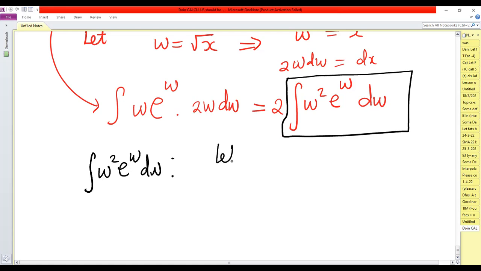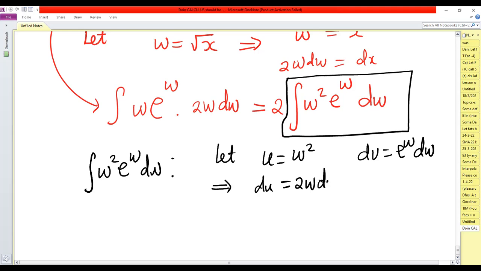So we let u to be w squared, and then dv to be e raised power w dw. So which means du will be given by 2w dw, and v, integrating e raised power w, remains to be e raised power w.